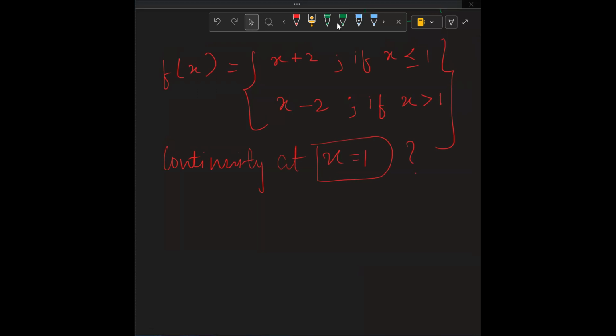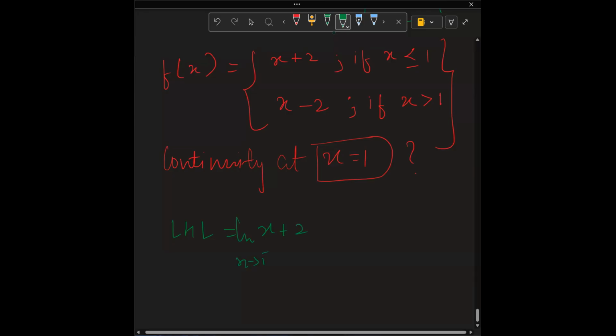Okay, so your LHL is x plus 2, limit x tending to 1 minus. 1 minus does not mean minus 1, right? 1 minus represents that your limit is tending to 1 but from the left hand side.